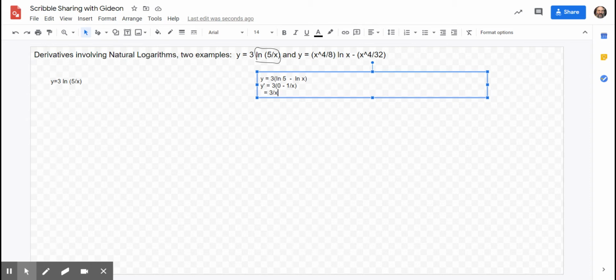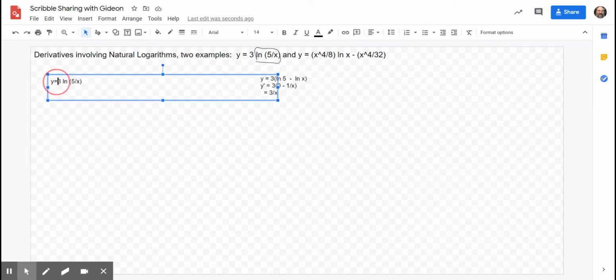Now let's see what happens if we don't simplify the logarithm. It's not mandatory. It just sometimes is easier. So let's go back to the original and do the derivative following the rules of natural logarithm derivatives. Well, it's the same rule.